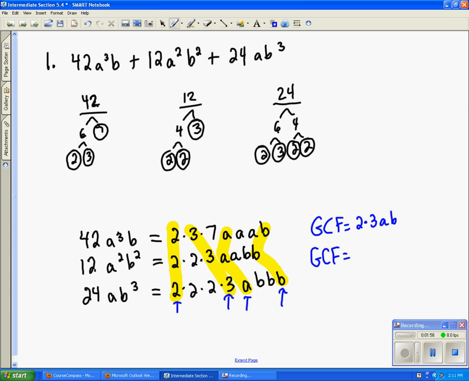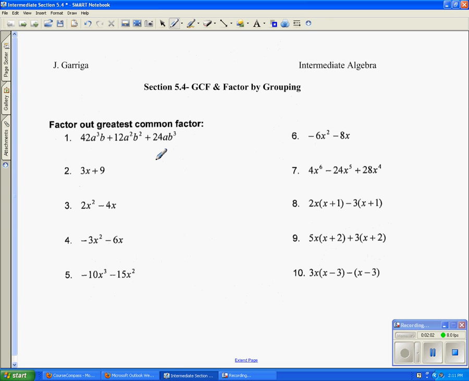My GCF is going to be 6AB. So we said 6AB is my GCF of number 1.